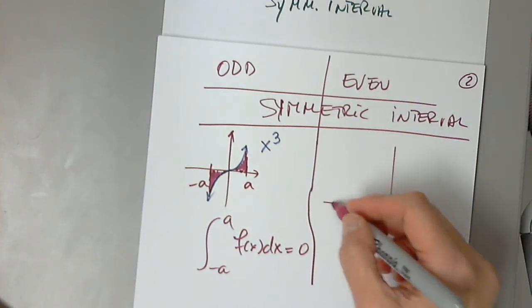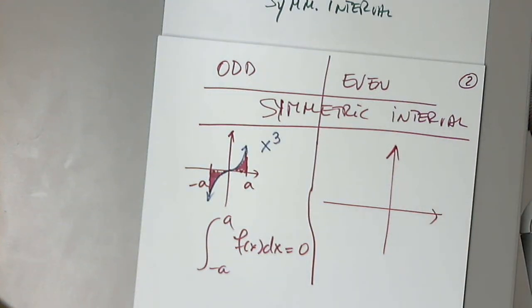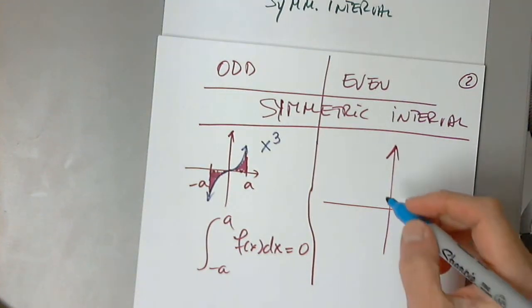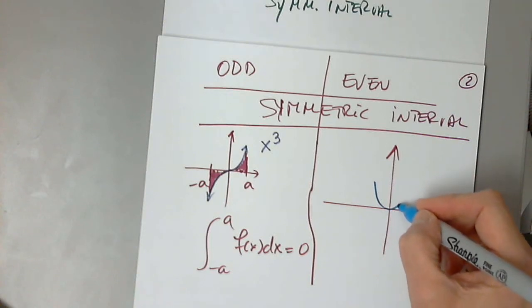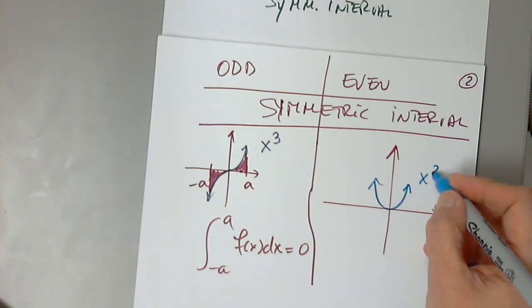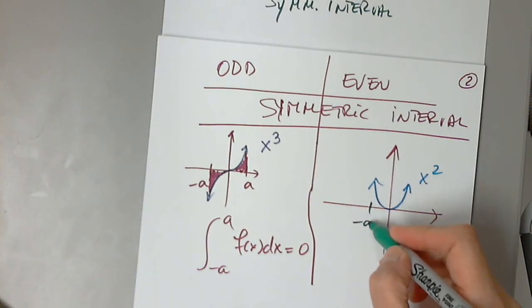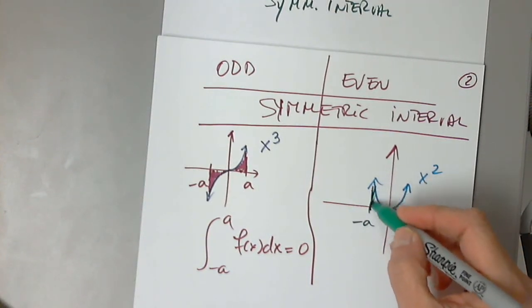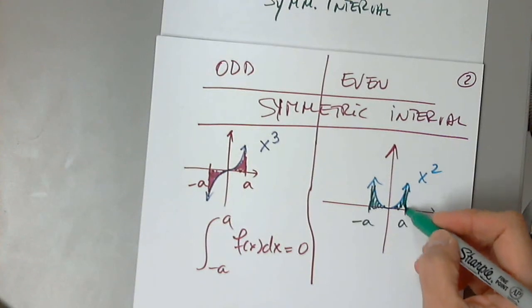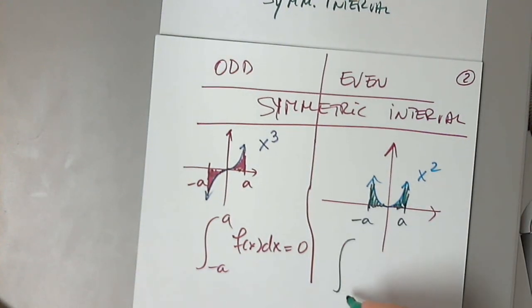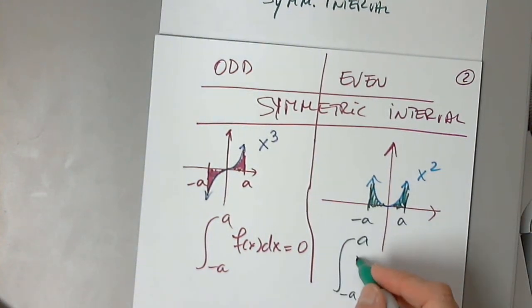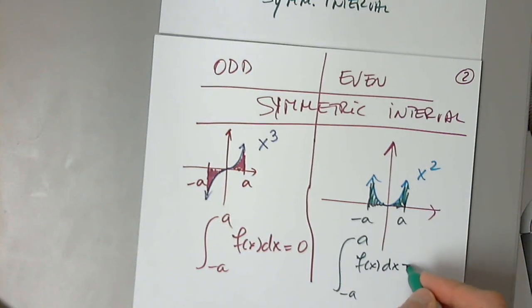Let's see what happens with a symmetric interval for an even function. This is an even function, and here's the interval between -a and a, and this is the area. What does the integral of f of x dx equal when the function is even?